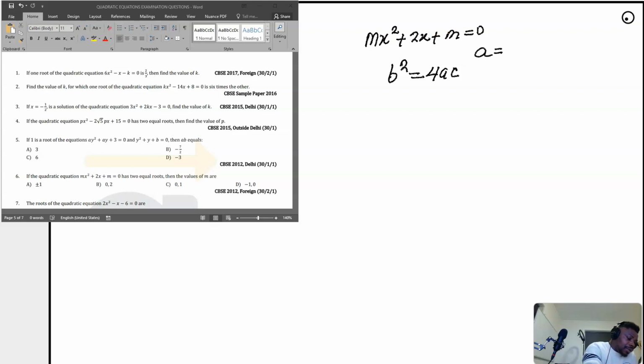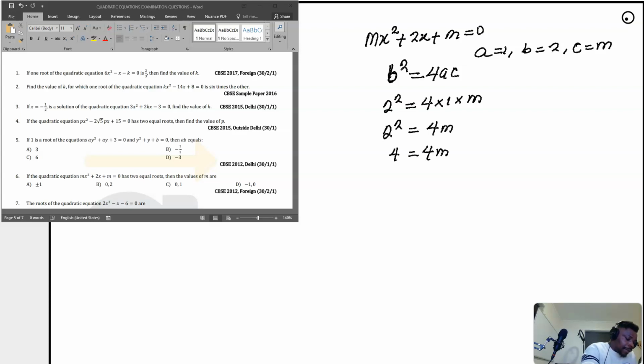My a is m, my b is 2, and my c is m. So what is b squared? That is 2 squared. 4 times what is a? 1. What is c? m. 2 squared equals 4m. So 4 equals 4m. So m is equal to 4 divided by 4, which is 1. So if m is 1, let's put it back in this equation. That is 1 squared.